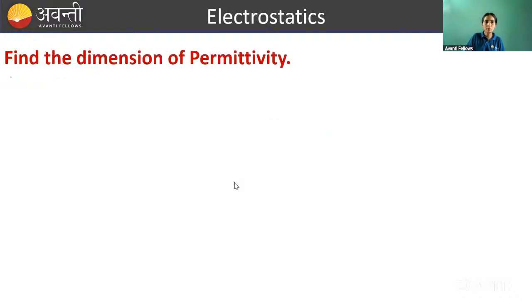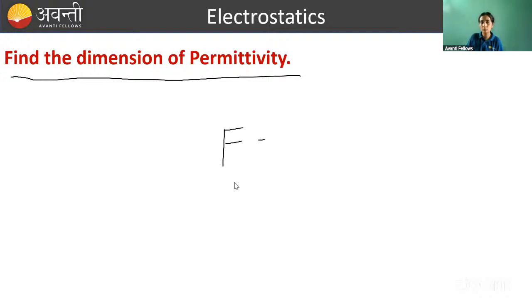Now there is a question, find the dimension of permittivity. So this thing we will do. You have already studied in the very first chapter of class 11 how to find the dimension of things. So here you have to find the dimension of permittivity. Calculate it and let me know if you're done. Okay, do it. Which equation you will use to calculate permittivity?